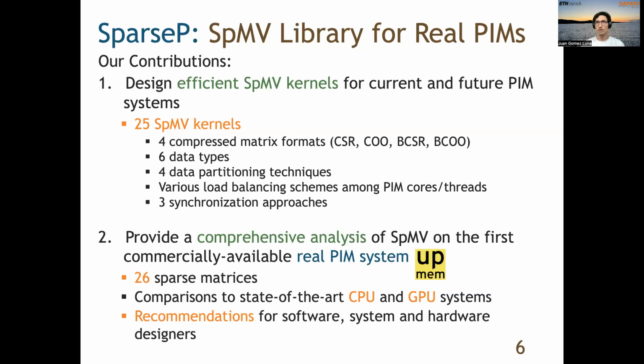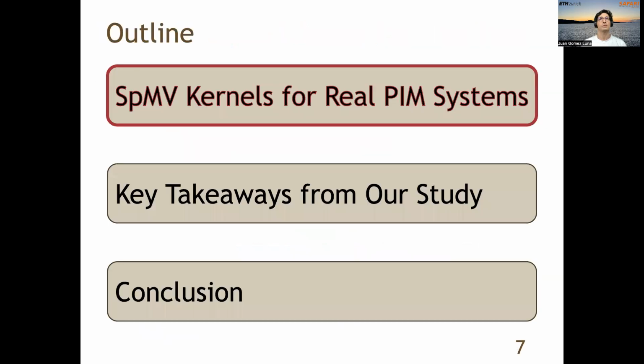We provide a comprehensive analysis of SpMV using 26 sparse matrices of different characteristics. In our work, we also show a comparison to CPU and GPU systems, as well as recommendations for software designers and for hardware and architecture designers of future PIM systems.